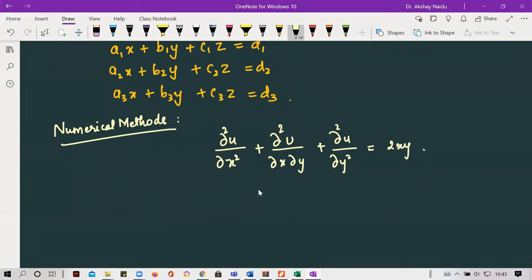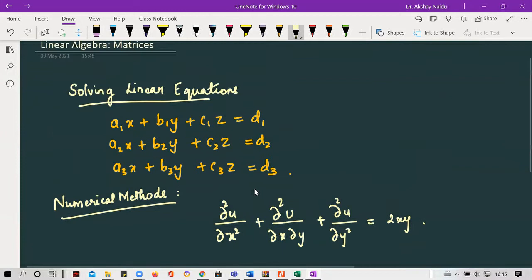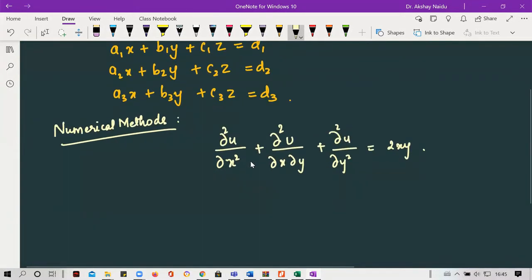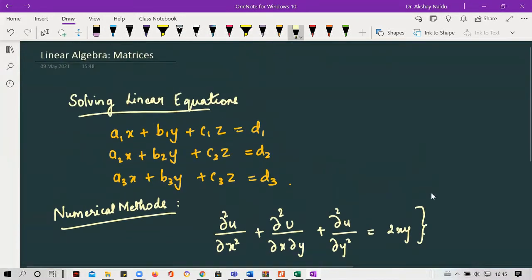For both linear differential equations and partial differential equations, the way to solve them in a real life situation is to convert this, by approximations, to this form, to linear equations form. And then you solve the problem.